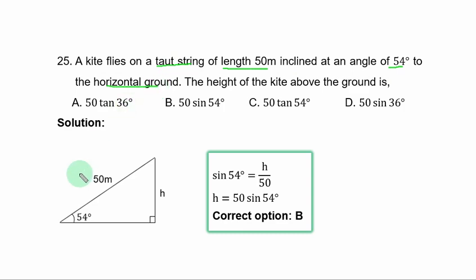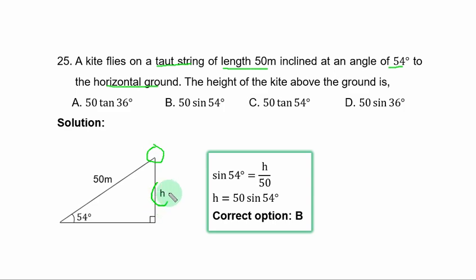From the information, you have this as the ground level. The kite flies on this string. You'll be seeing it when little children are doing their own kite. So if the kite is somewhere here, this is the height of the kite from the ground level.